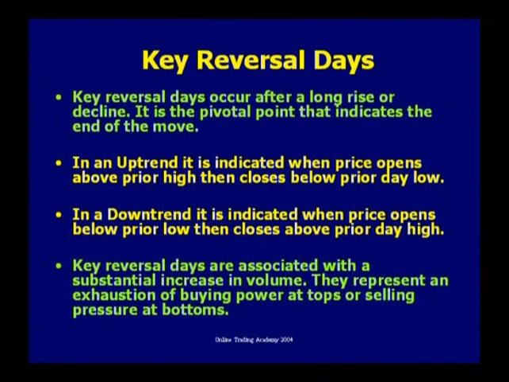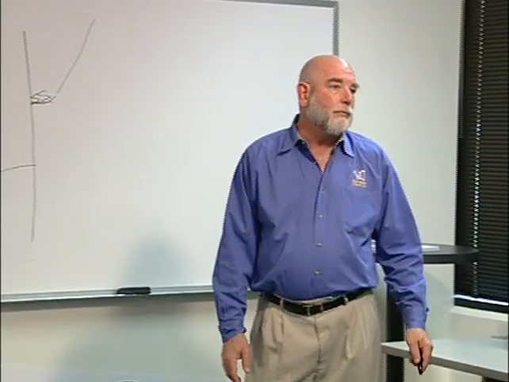Okay, what is a key reversal? Well, a key reversal day occurs after a long rise or decline. It is the pivotal point that indicates the end of the move. In an uptrend, it is indicated when the price opens above the prior high, yet closes below the prior day's low. Okay? In other words, there's a significant reversal intraday.